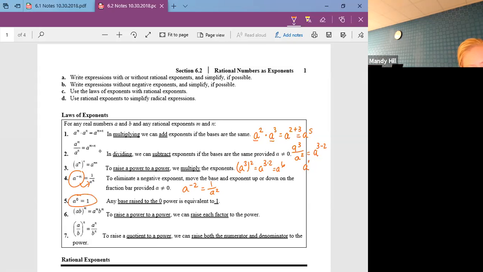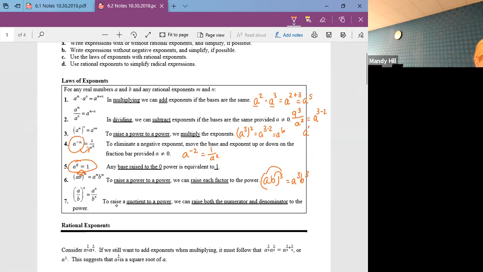Anything to the 0 power is 1. Okay. If the exponent is on the outside of the parentheses, it needs to be distributed to both of the things on the inside of the parentheses. So if we have ab and we're raising it to the 3rd power, that would be a to the 3rd times b to the 3rd.